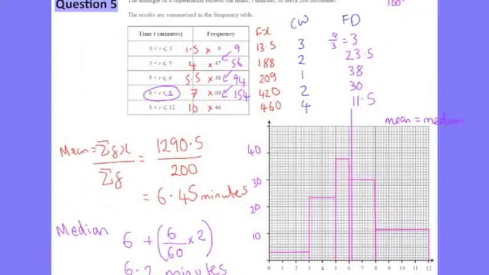Now we've just calculated the mean to be 6.45 and an estimate for the median to be 6.2. These are not equal. Therefore, the claim is false because the mean is more than the median. They are not equal. Therefore, we do not have a symmetrical distribution.